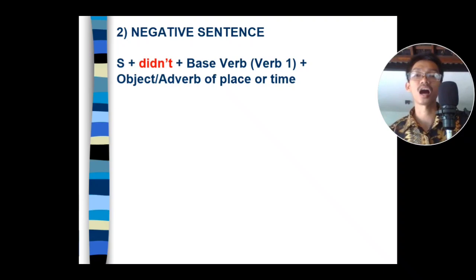That is the opposite of the positive sentence. And remember again, after didn't, you have to use verb 1 or the base verb. For example, she didn't work, not she didn't worked. No, that is wrong. So didn't plus verb 1, the base form, the first form of the verb.